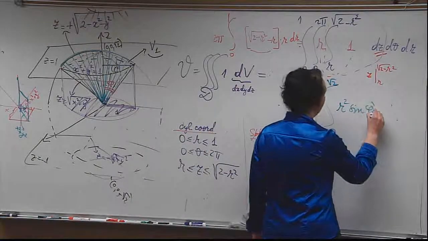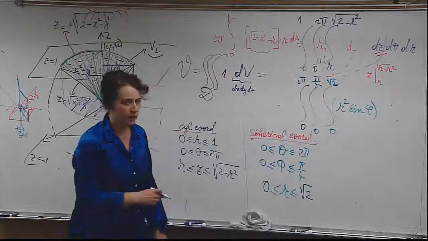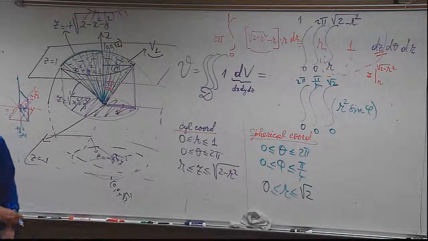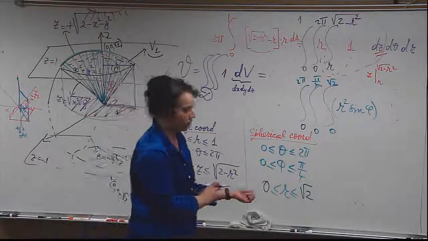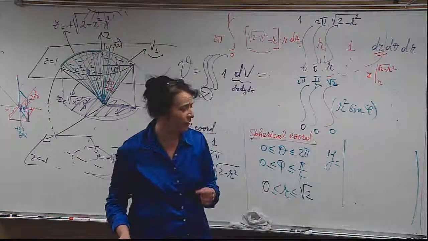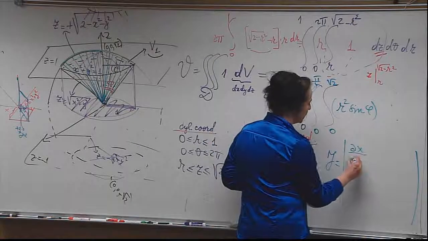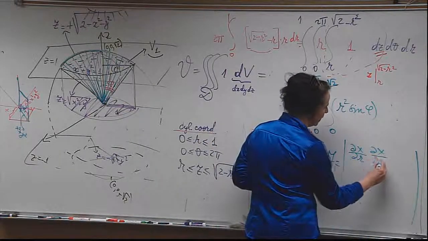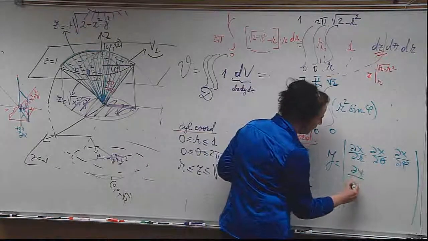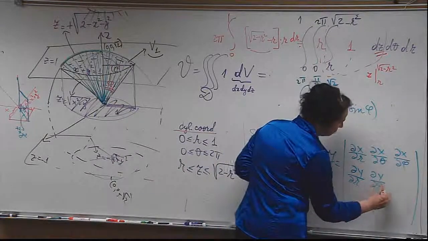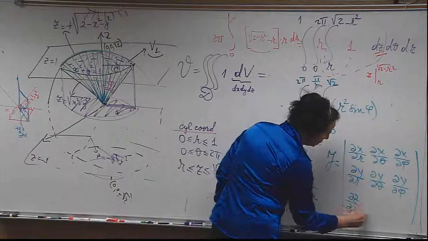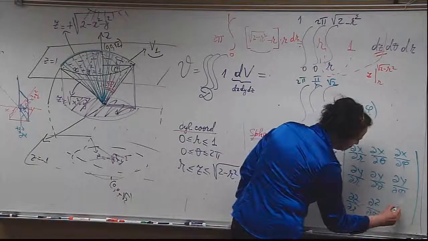Yes. You don't have much to memorize, but this is one of the things that I did not memorize when I was a freshman. I was stubborn and silly. So I had to compute the Jacobian. Imagine what work you have when you're limited in time. You have dx dr, dx d theta, dx d phi, dy dr, dy d theta, dy d phi, and finally dz dr, dz d theta, dz d phi.